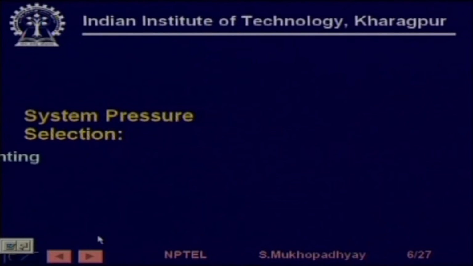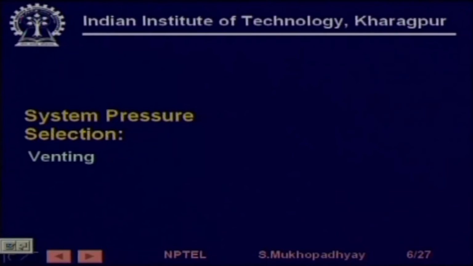So, the next circuit is where, in the previous case, what was happening is that if the pressure goes up, the pump gets unloaded. But now we want a different thing: we want to select the pressure with which we drive the load. So, we have three modes of the system.